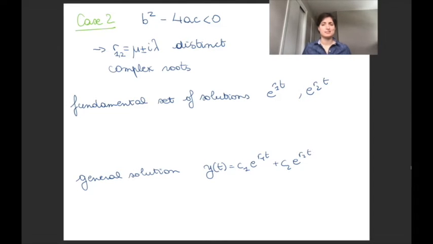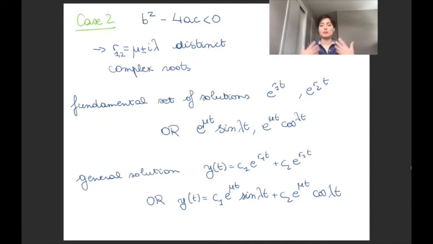But we don't like this way of looking at things because it involves complex numbers. When we look at physical situations, having a complex solution for something that should be completely real is problematic. So we'd rather transform this into something that is fully real. We can rewrite the exponential of a complex number into the exponential of a real number times sine and cosine of the imaginary part.